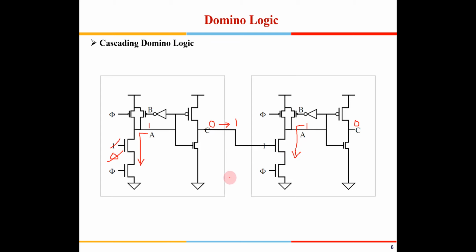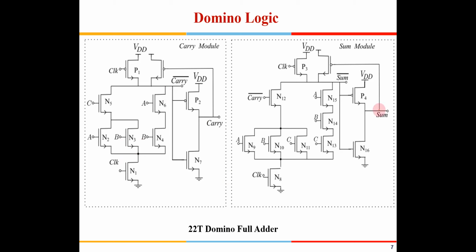Okay, so this is how in one of my simulations, in one of my papers with TFETs, I had implemented domino logic. This was a carry, and this was the sum module. This is a full adder. So if you see here, this is the pull down network for the carry, right? And then this gives carry bar.